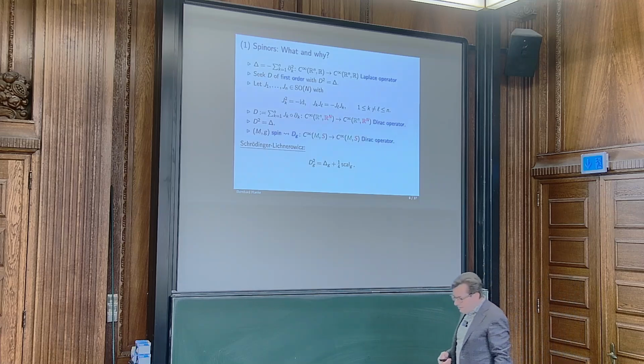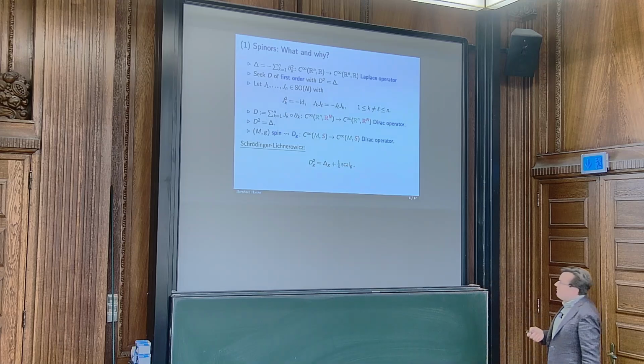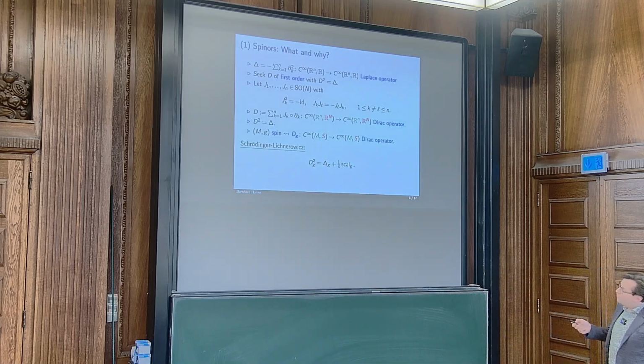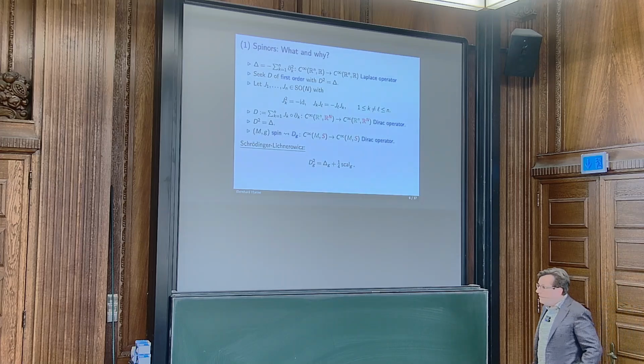And now something really remarkable happens. Remember that originally we wanted to solve the problem that we have a first order operator whose square is delta.